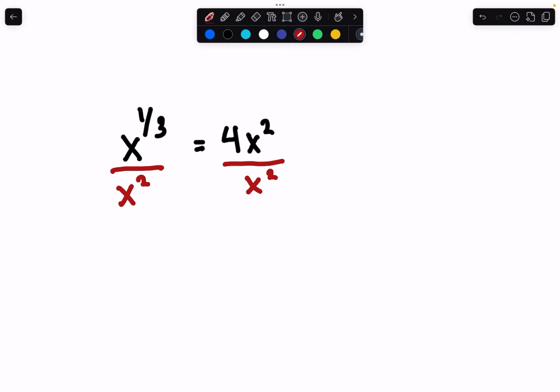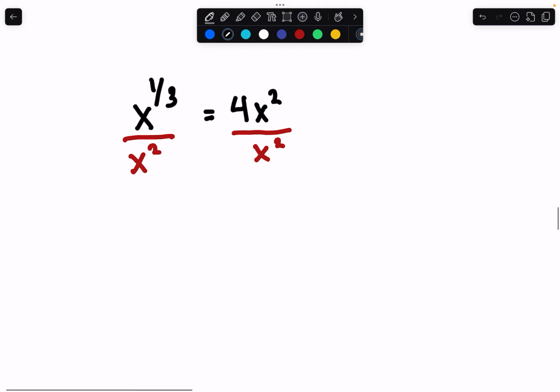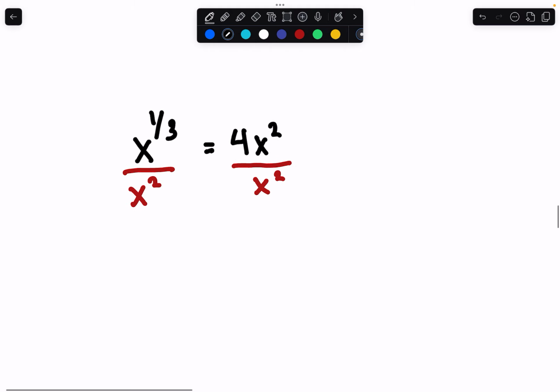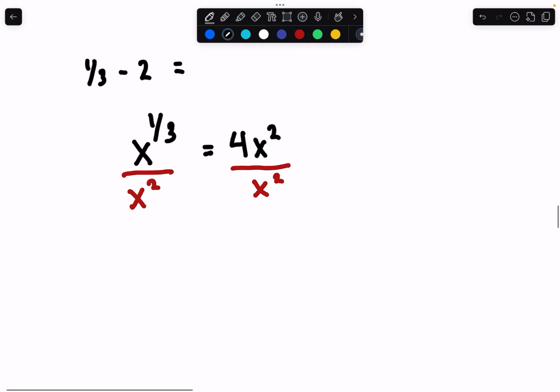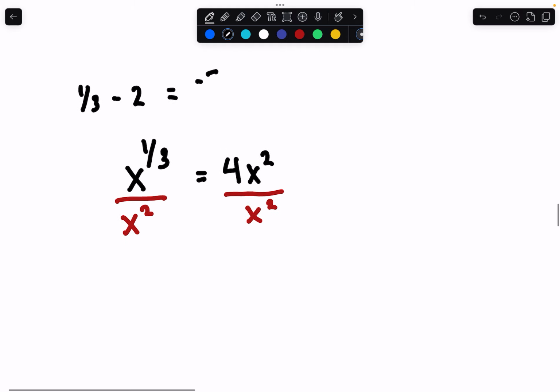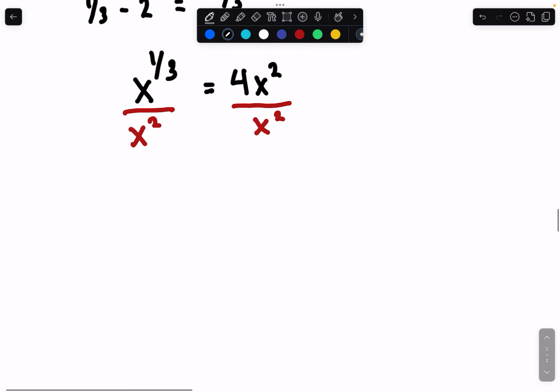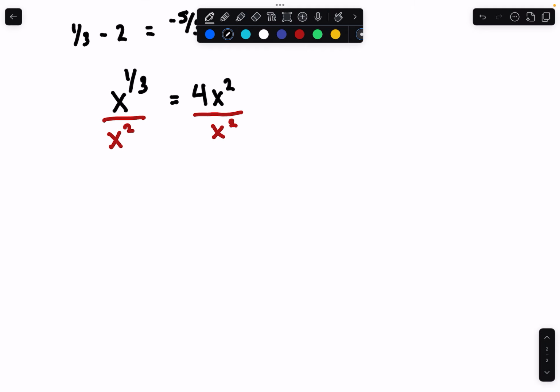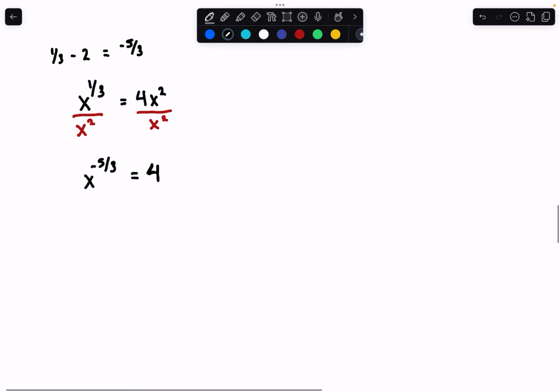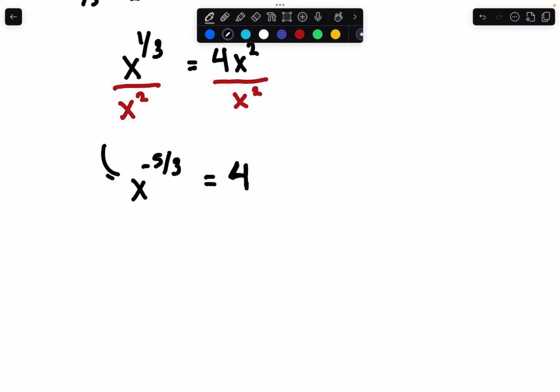When you divide by an exponent, it's really the same as subtracting. So we end up with 1/3 minus 2, which is going to give us negative 5 over 3. So on this side, we're going to have x to the negative 5 over 3 is equal to 4. So now we have everything containing x on one side and everything else on the other.